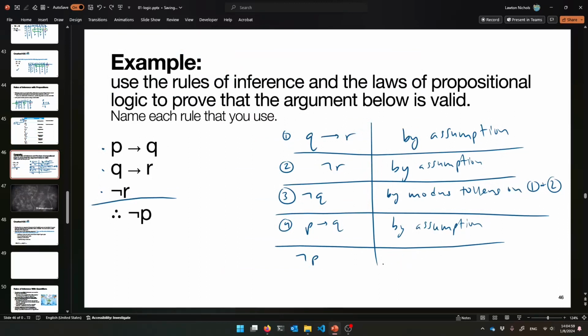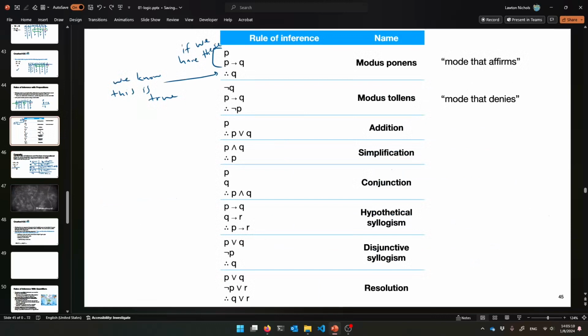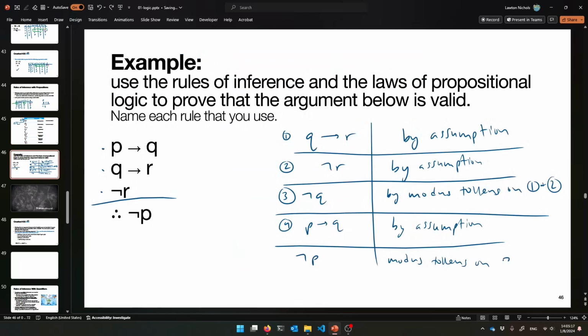Well, let's just make it quicker. Modus tollens on 3 and 4. And I guess if you want to do it in the right order, I don't know, I guess it is the negation thing first, and then the thing second. So it is on 3 and 4. So maybe I messed up this one.